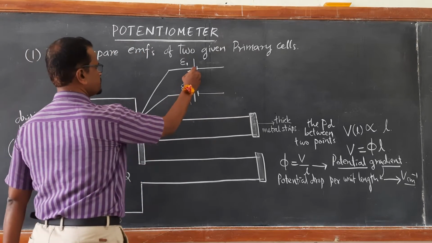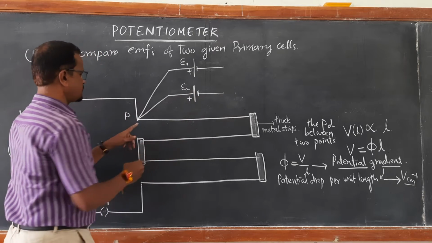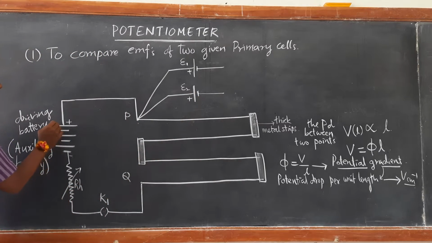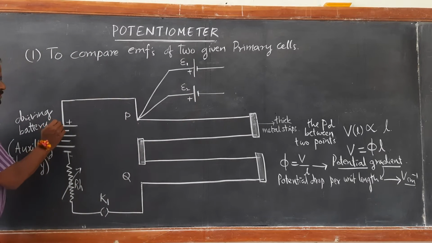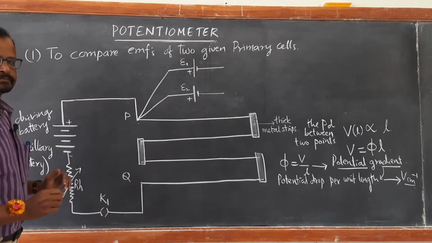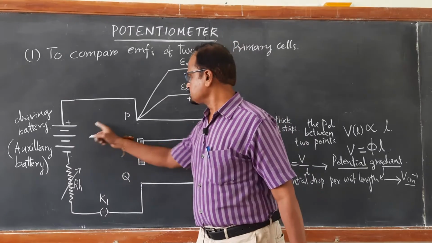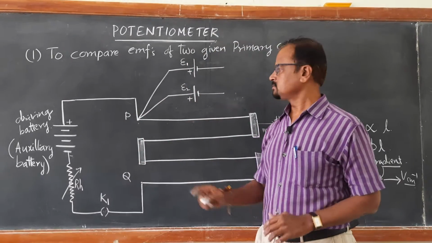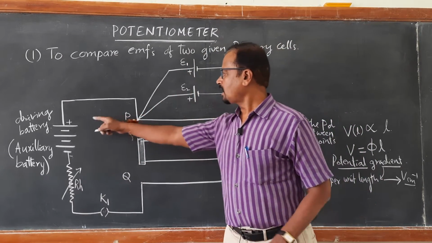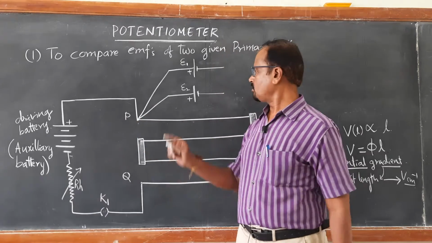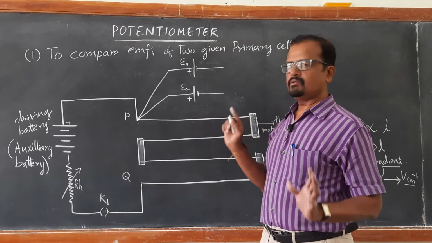Both the positive terminals are connected to this point P, and even the positive terminal of the auxiliary battery is also connected to the same point P. So, all the positive terminals are connected to point P. Now, these negative terminals are left free.